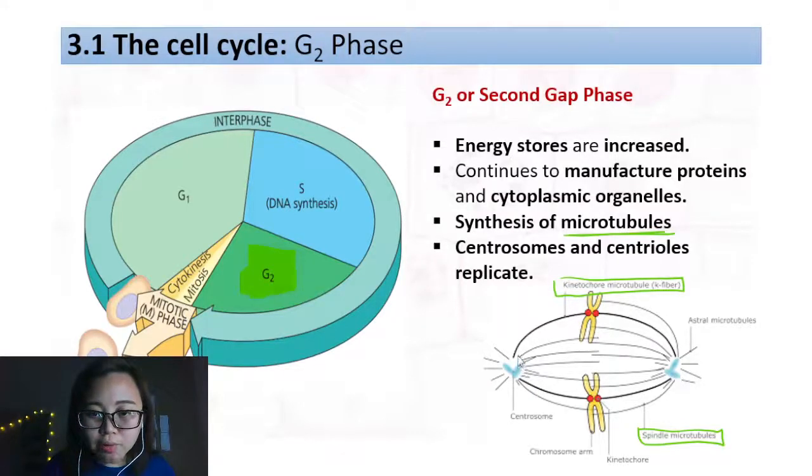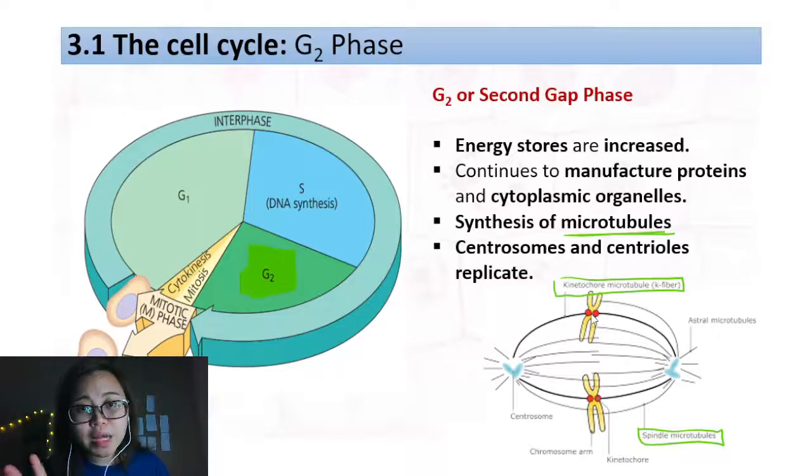So, ada microtubule ataupun spindle fiber, nama yang berbeza untuk merujuk kepada benda yang sama. Dia sama ada melekat pada centromere kromosom ataupun dia melekat kepada benda lain dalam sel. Okay, so if it attaches to the chromosome, we call it the kinetochore microtubule. If not, we call it spindle microtubule atau ada nama lain nanti.